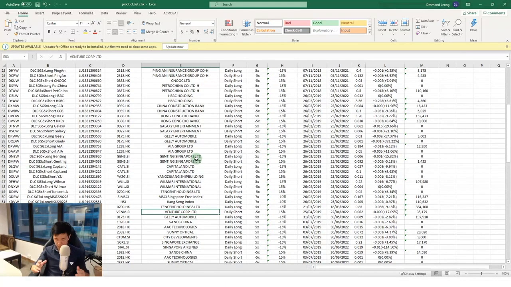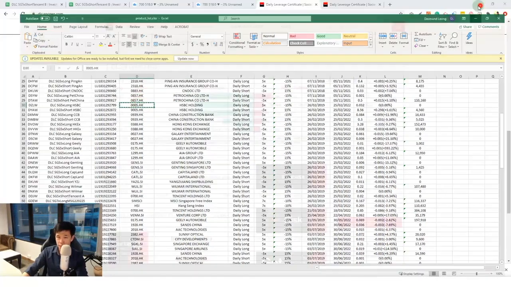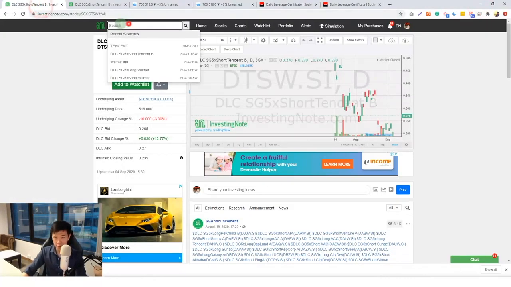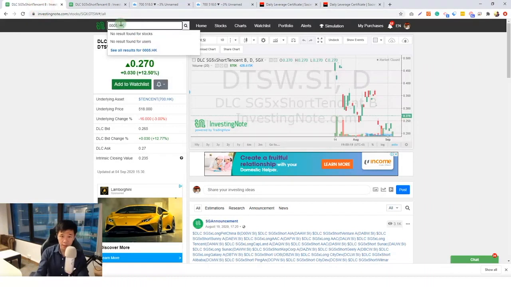Right? Remember, the concept behind DLC is a leverage style of trading. Okay, so let's just say I'm looking at HSBC, and I did my analysis, I did my research, and I feel I want to trade HSBC. I can either search HSBC, or I can search the underlying code, come into investing note, and type in the code, or better just type HSBC, I guess.